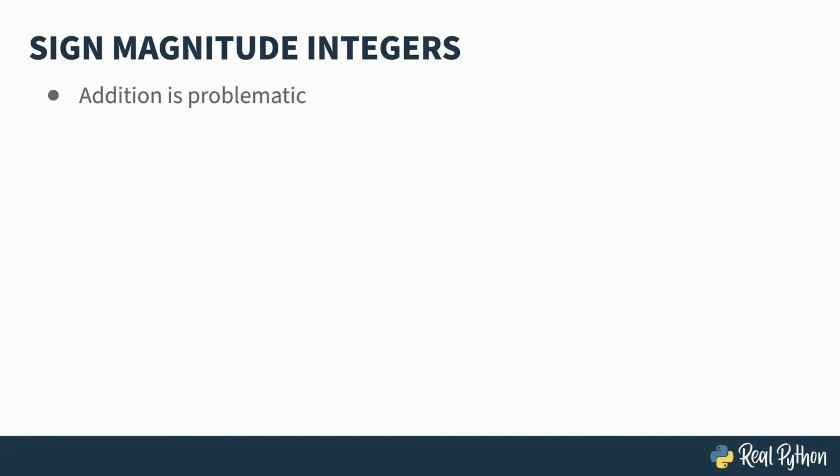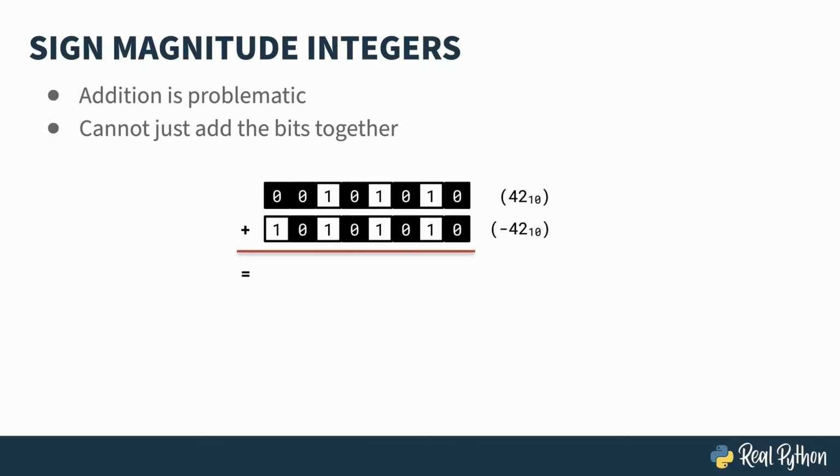2 zeros isn't the only problem. Addition is also problematic. You can't just add the bits together. Consider the following example. 0 plus 0 is 0. 1 plus 1 is 1 0, carrying the 1. Passing through the carry gives you 1.